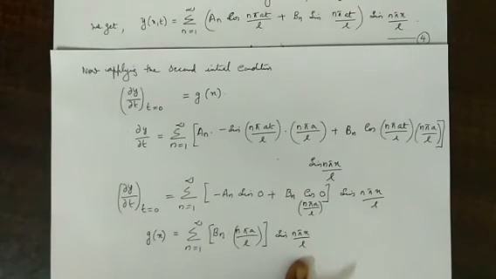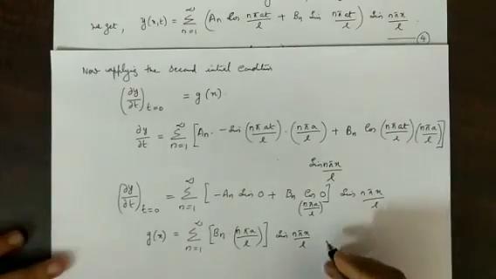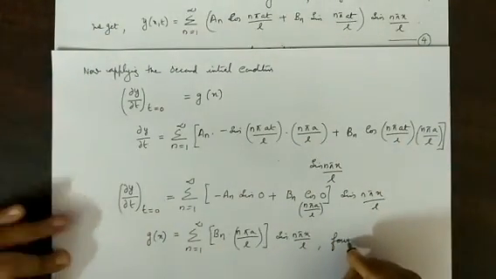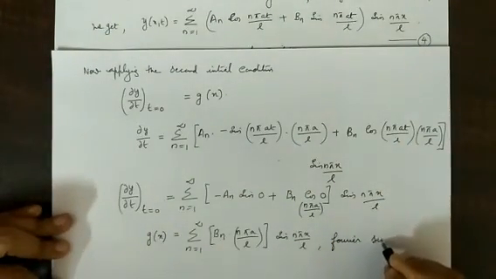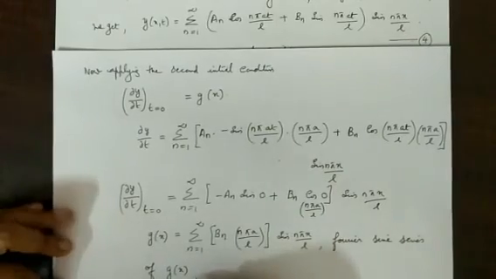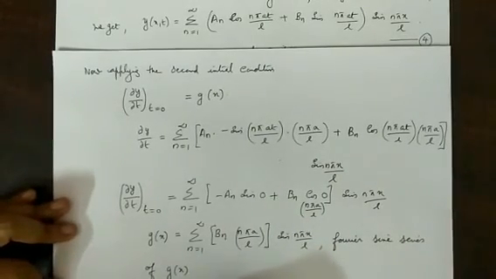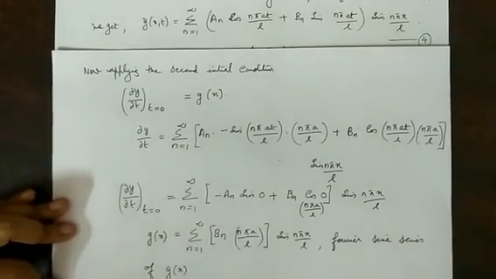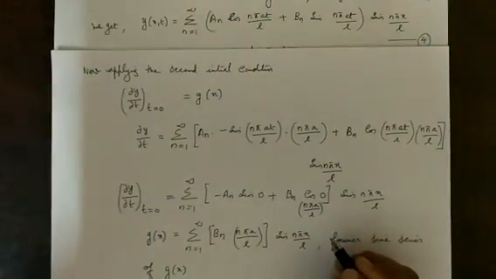Therefore here we can represent bn, here we have one more term, so nπa/L into bn.